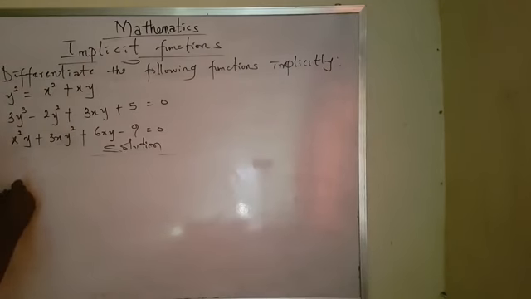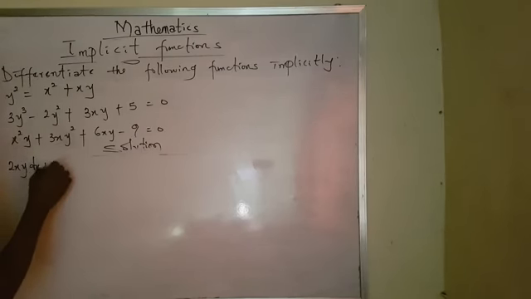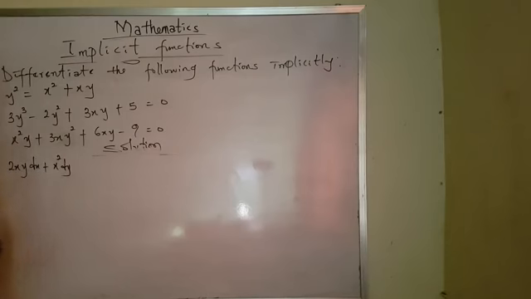Example 3. So here we have now x squared y plus this. Okay, so let's differentiate with respect to x first. So we have 2xy dx plus x squared dy. Yes, if we differentiate with respect to y, differentiate y, you have 1.